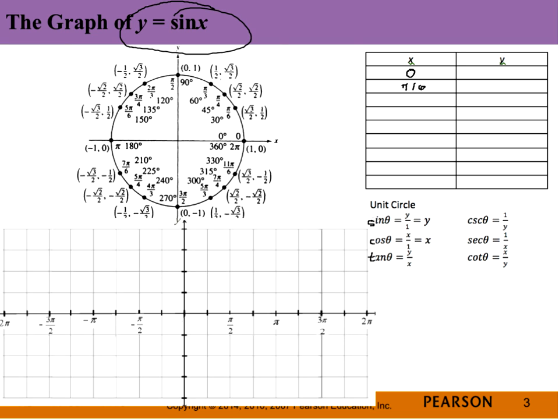I'm going to do pi over 6, pi over 4, pi over 2, 2 pi over 3, 3 pi over 4, 5 pi over 6, pi, 3 pi over 2, and then I shorted myself a slot, so I'm also going to do 2 pi there.